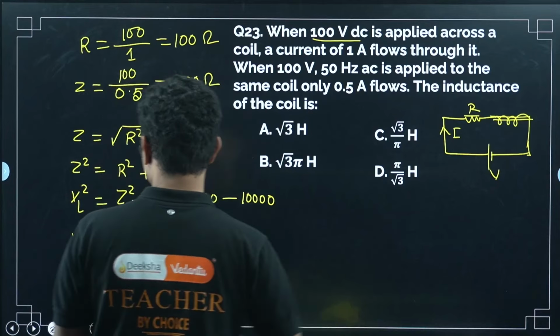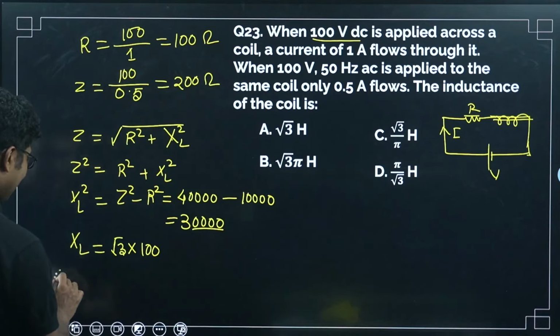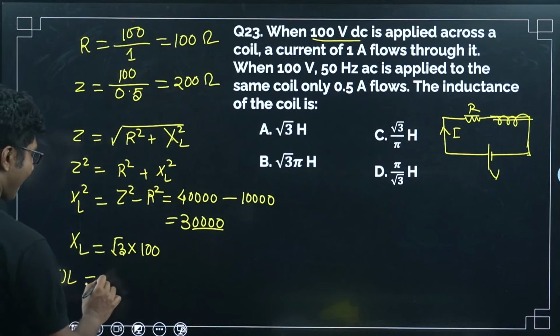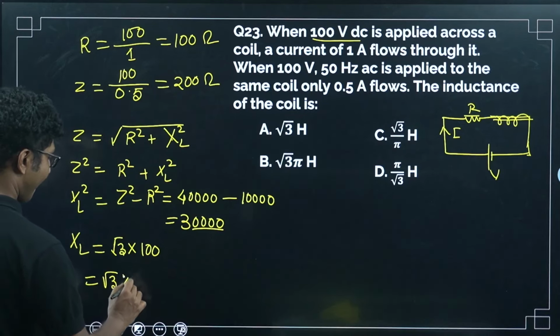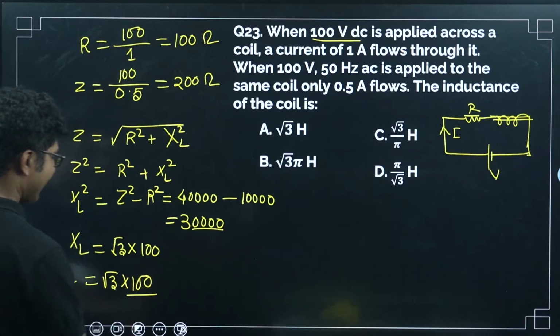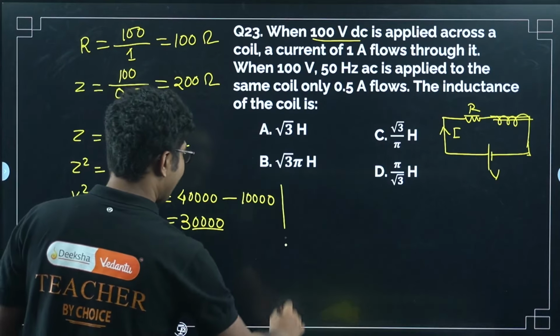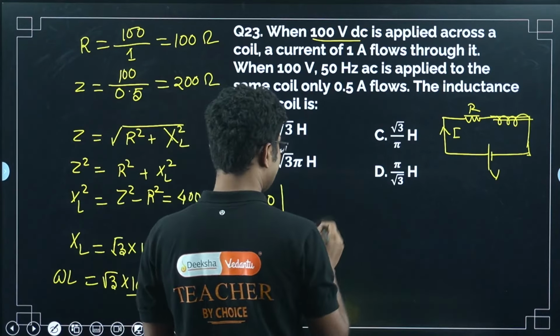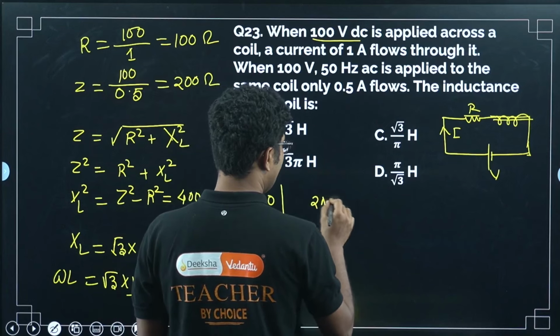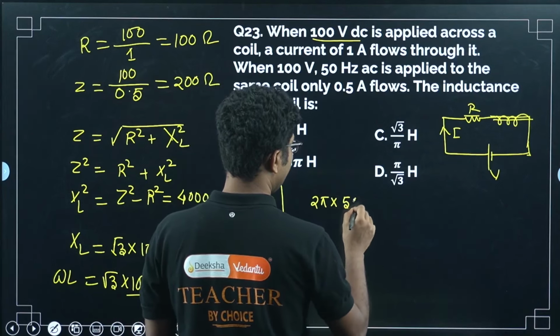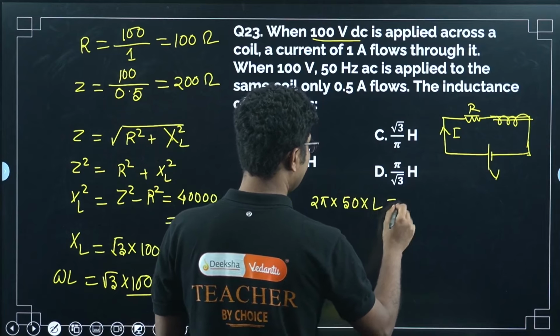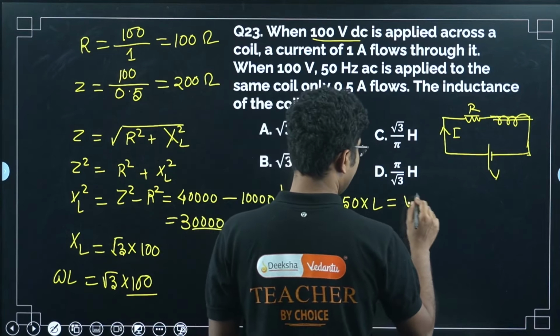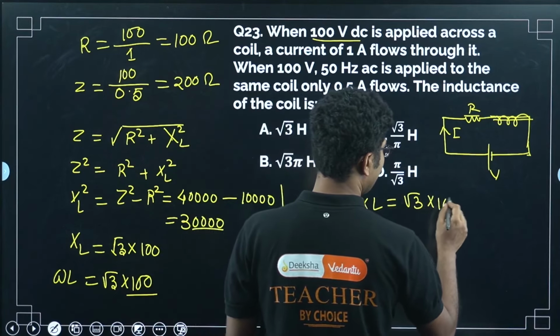Now, what is XL? XL is omega L, right? Omega is not given, frequency is given. So 2 pi times 50 times L is root 3 times 100.